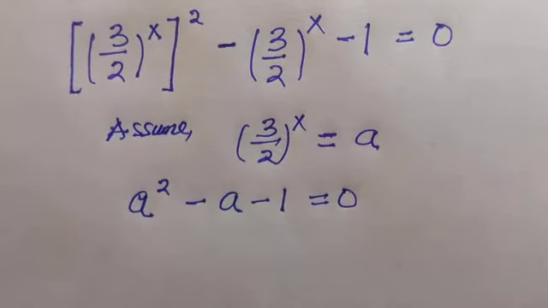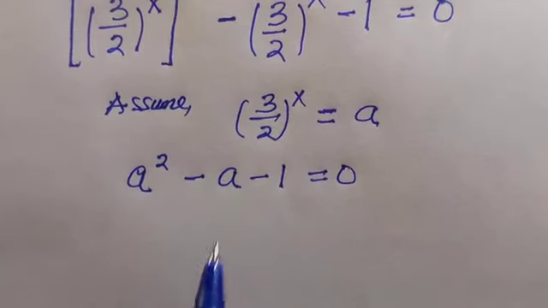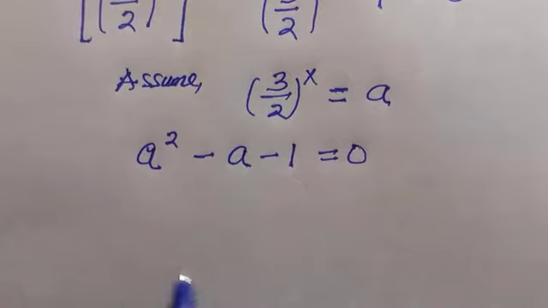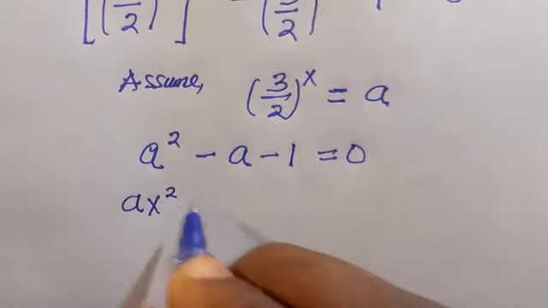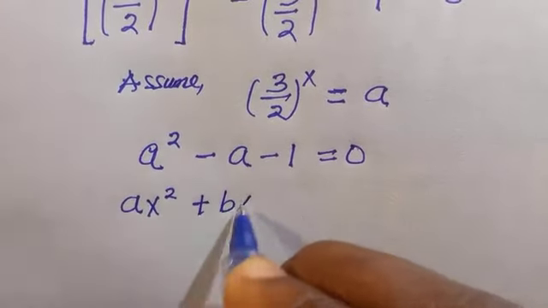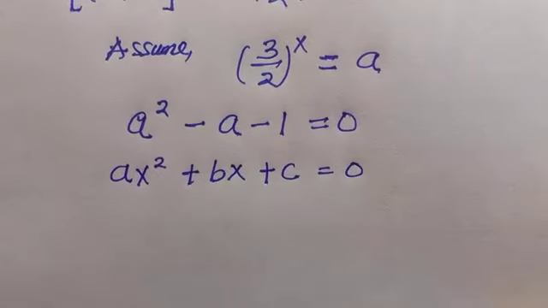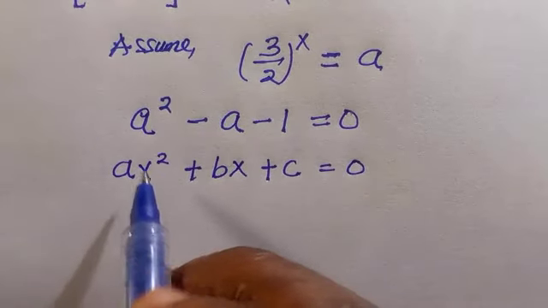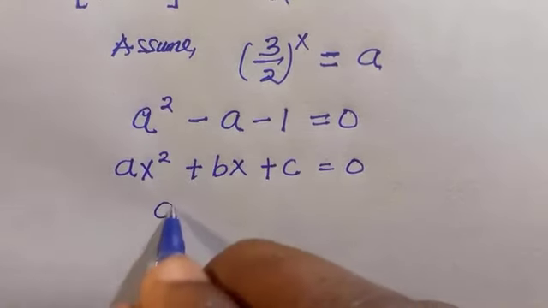For this, we have already formed a quadratic equation, which we can compare with the standard quadratic formula, which says if you have ax squared plus bx plus c equals 0. So x squared here is just like a squared, and x is like a, while c is a constant term.